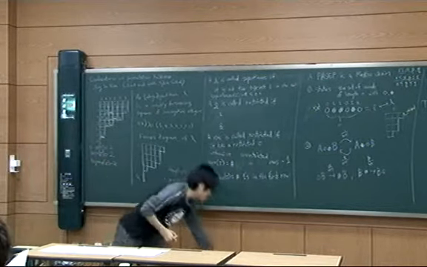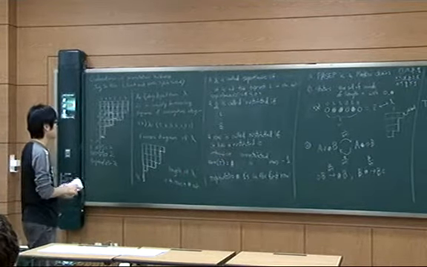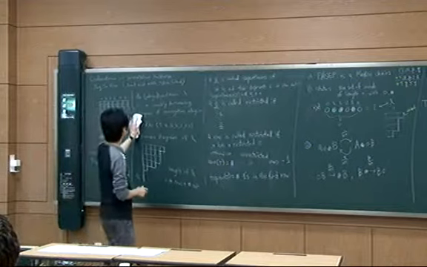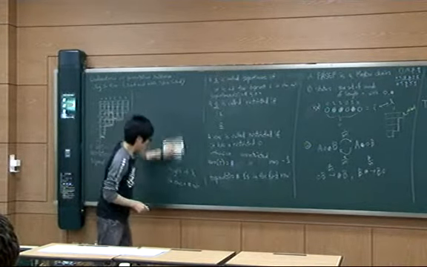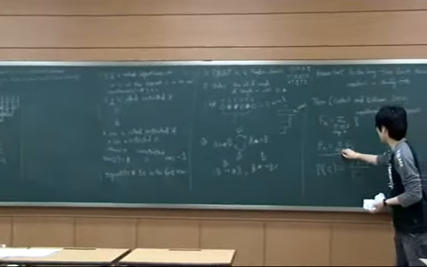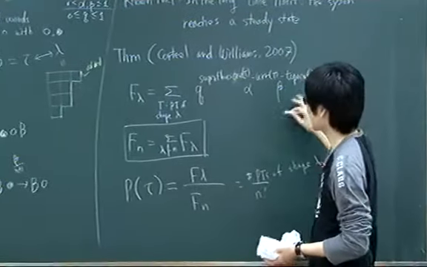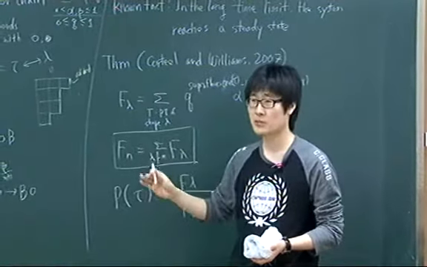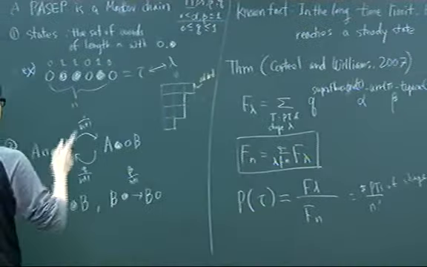So we will focus on the combinatorics of this permutation tableau. This formula is especially interesting. F sub n is the sum of this quantity for all permutation tableau of length n.